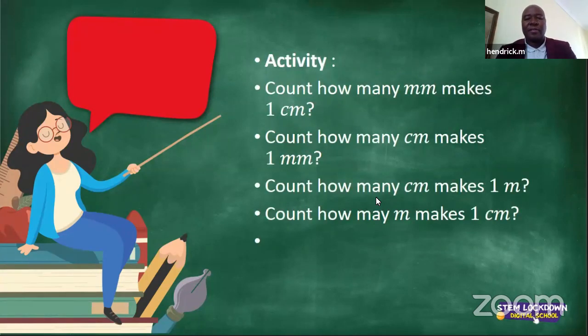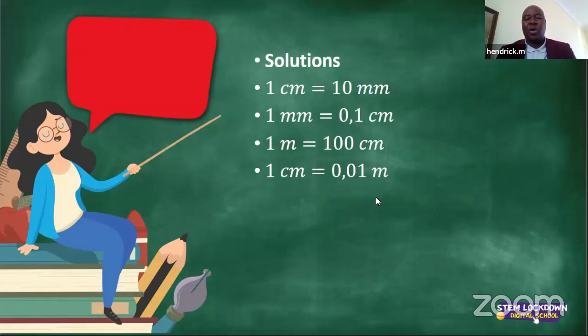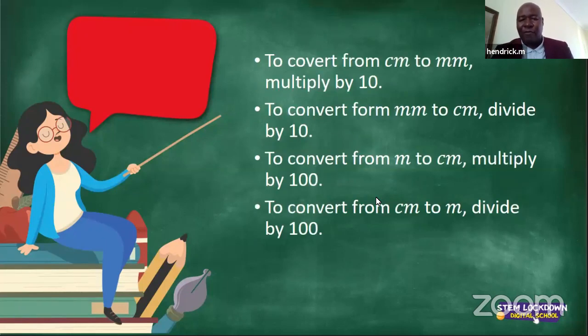And of course, the activity that we have just done now. How many millimeters make up 1 centimeter is very important. How many centimeters make up 1 millimeter, and so on. How many meters? And I've shown you how to convert from centimeter to millimeter.